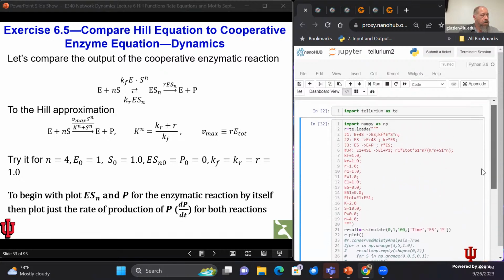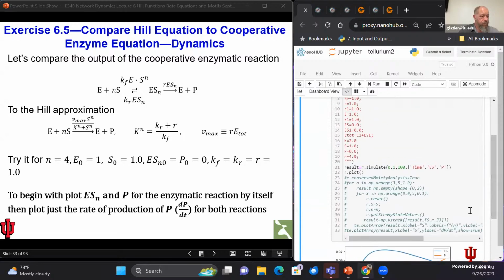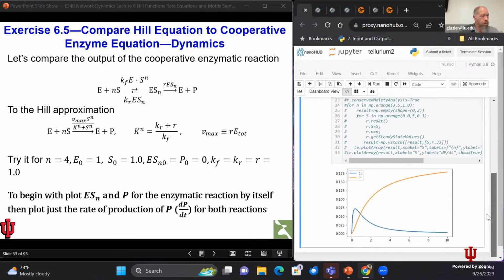So ES is changing discontinuously, oh, because I've got S is 10. Set it to have S equals 1. There we go. There.